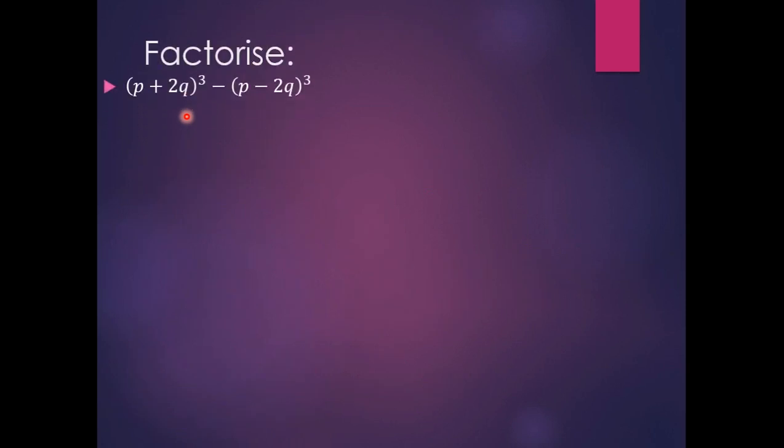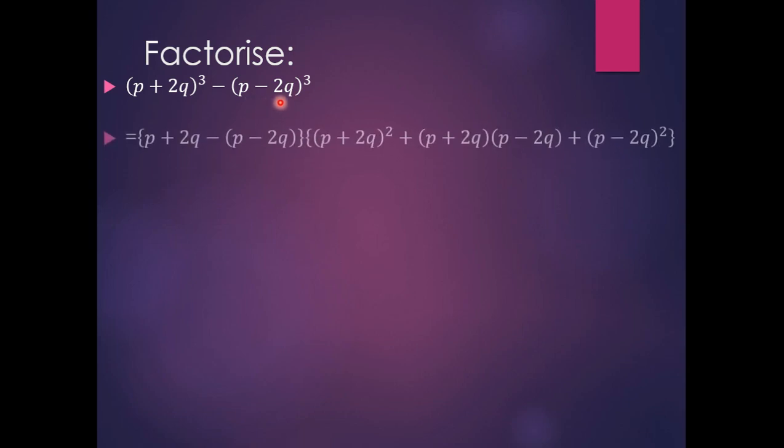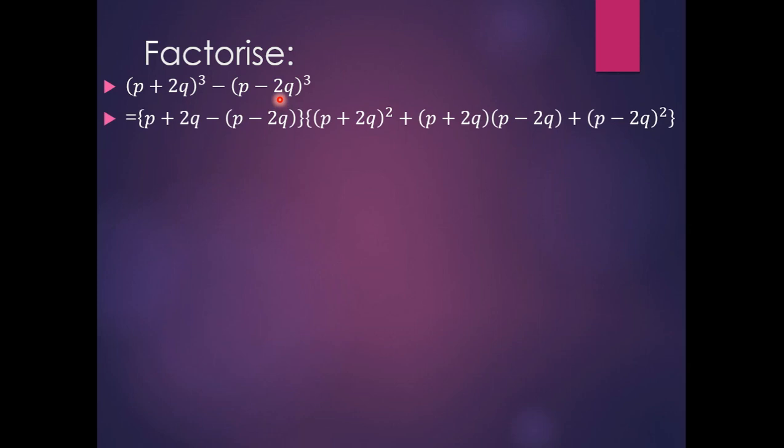Now next question, p plus twice q whole cube minus p minus twice q whole cube is here. So you can suppose this as a and this as b, and then you can use the a cube minus b cube formula.